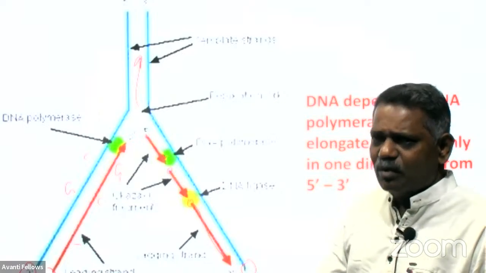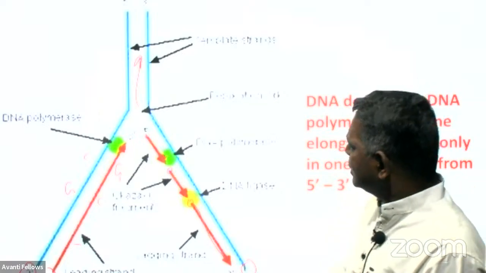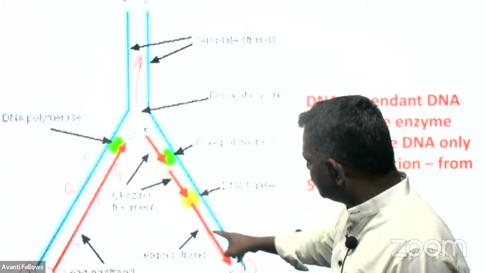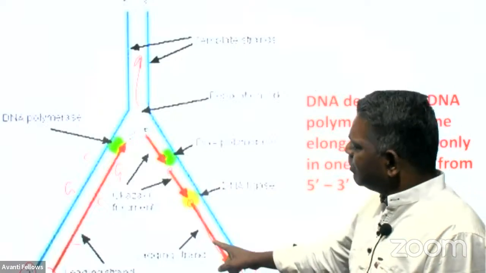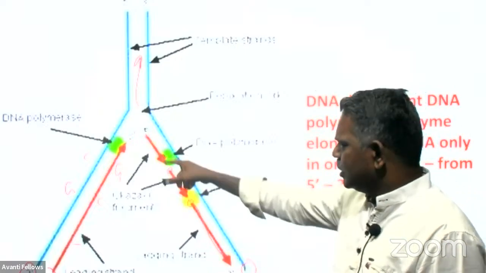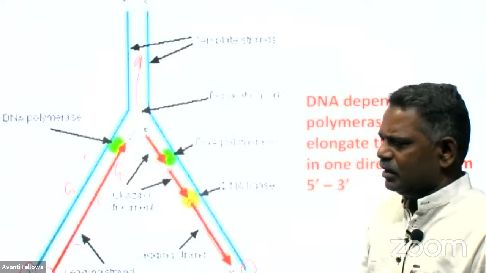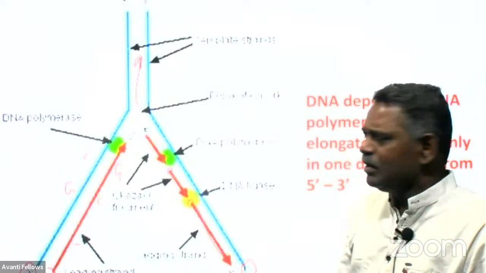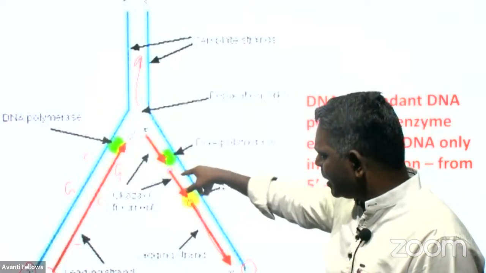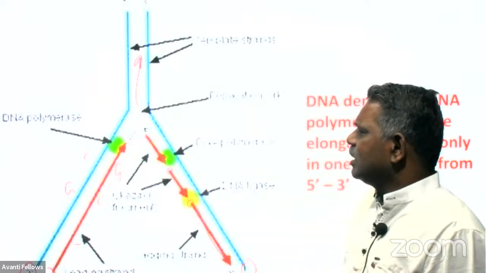What is the function of the glue? To connect. And this ligase enzyme connects all these small fragments of DNA called Okazaki fragments together to form a continuous strand. The name of the enzyme to bind all these fragments together is the ligase enzyme.